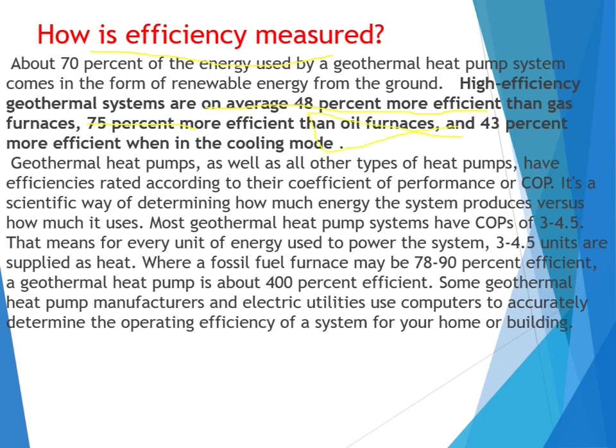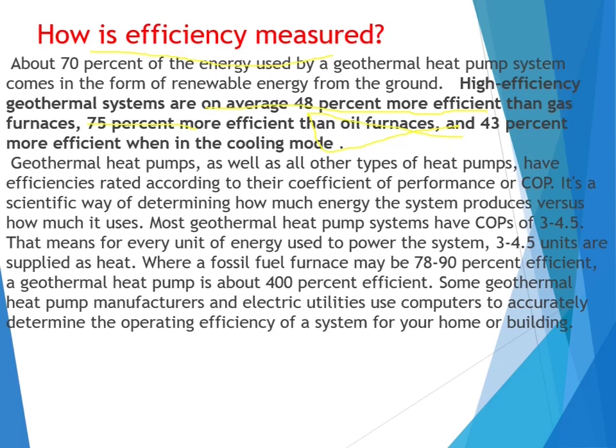Geothermal heat pumps as well as the other types of heat pumps have efficiencies rated according to the coefficient of performance, which I told you already. It's a scientific way of determining how much energy the system produces versus how much it uses. Most geothermal heat pump systems have COPs of 3 to 4.5. It means that for every unit of energy used to power the system, 3 to 4.5 units are supplied as heat.